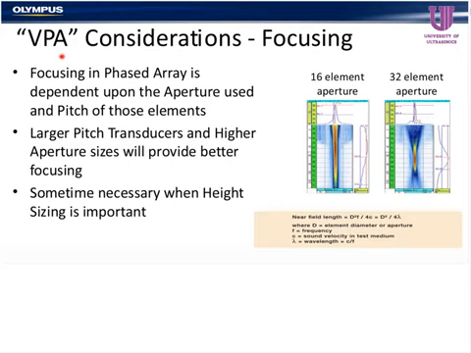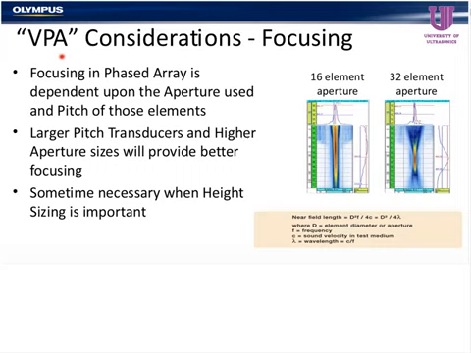VPA stands for virtual probe aperture, which again is how many elements of the transducer you're using to establish your beams. And when we put all of that together, there are some key items that we look at. The first one that we look at is focusing. The size of your aperture will affect your ability to focus and how deep into a material you can perform that.